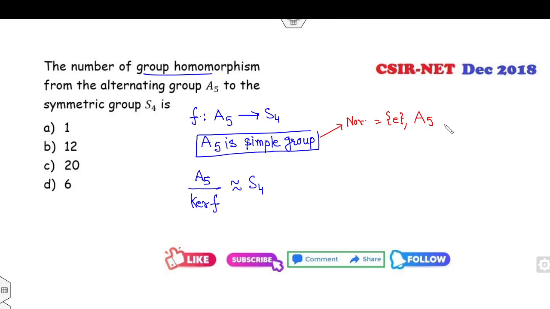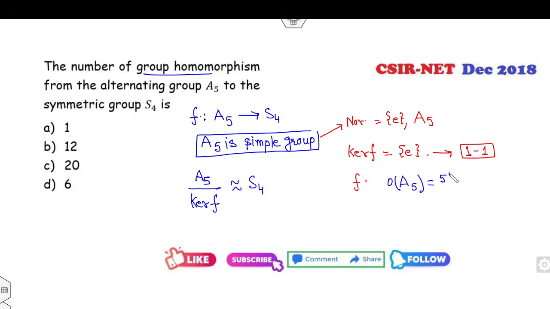Now you have two cases. But what will happen if the kernel of f is the identity? Is it possible? No. Because if the kernel of f is the identity, that means f is one-to-one. But that is not possible. Why? What is the order of A5?